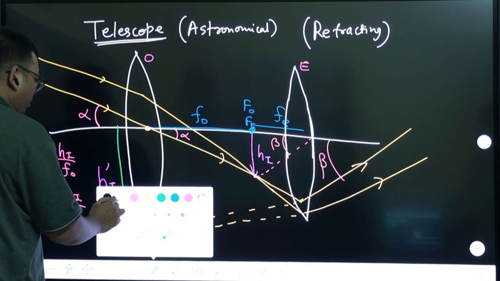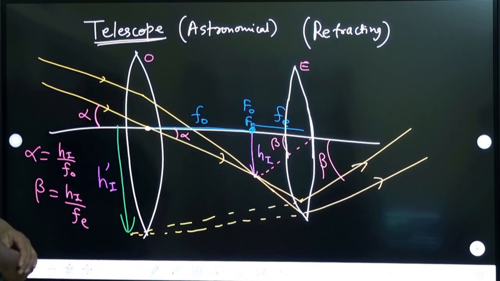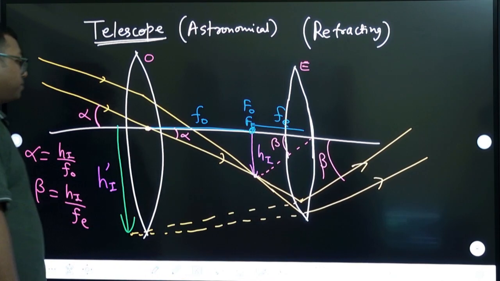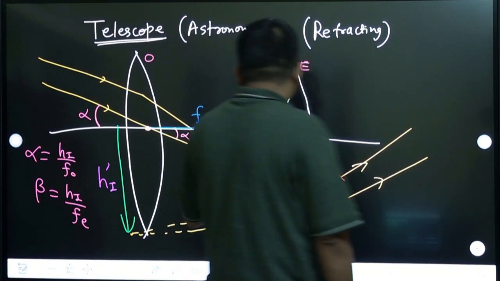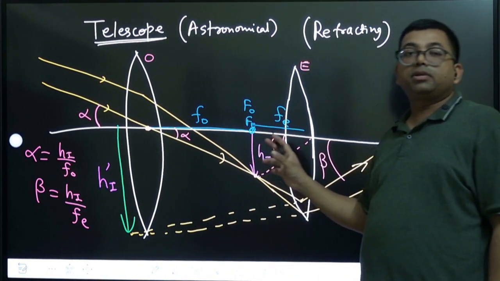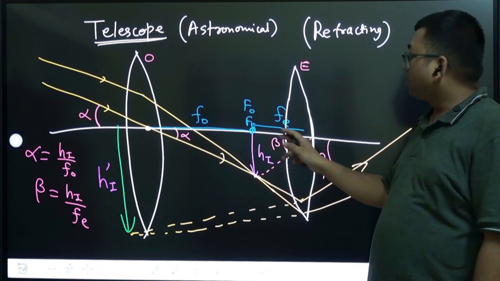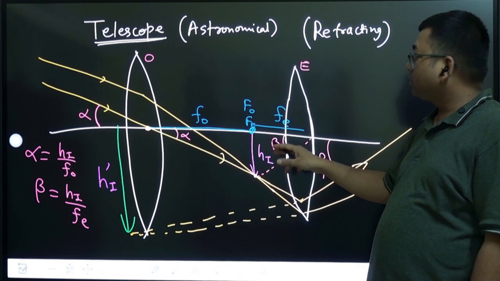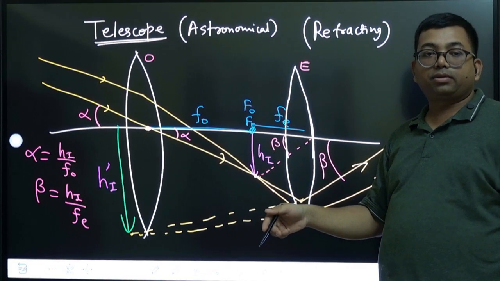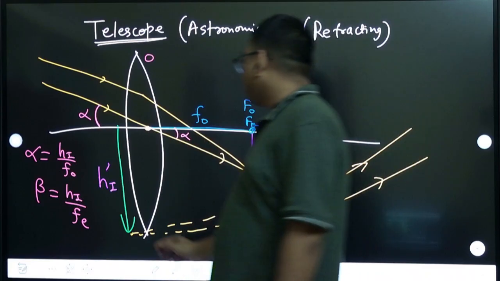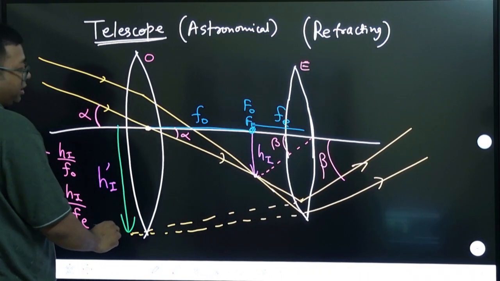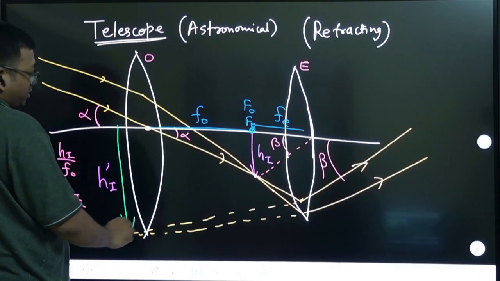Now, the final image is forming at infinity. That is the case, right? The final image is forming at infinity because the image formed by the objective is at the focus of the eyepiece. So this image which I have shown, actually this image should be taken at infinity.